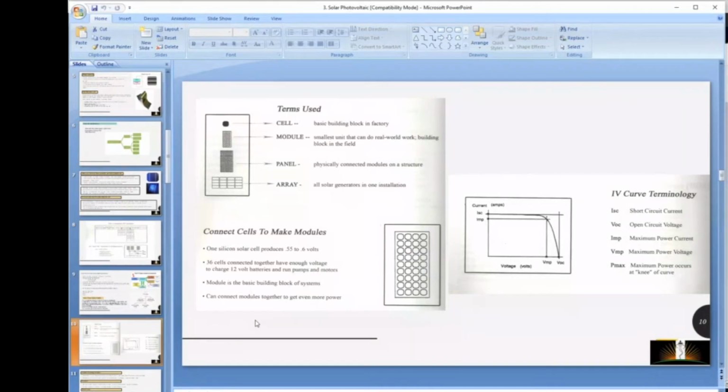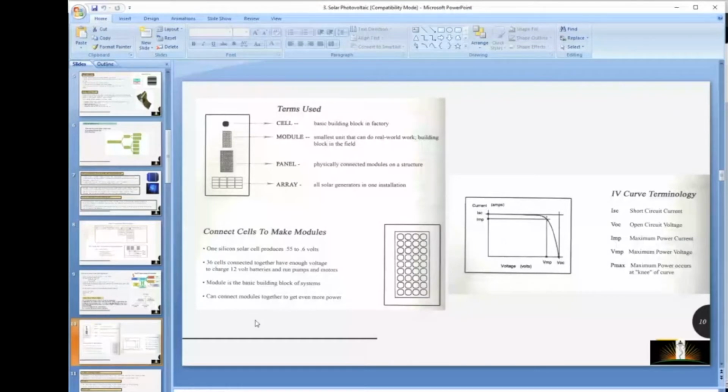Next is VOC, called the open circuit voltage. It is the maximum voltage that a module or panel can generate at a particular moment. Above this, it can't generate. So this is the maximum voltage. IMP and VMP are the maximum power current and maximum power voltage.